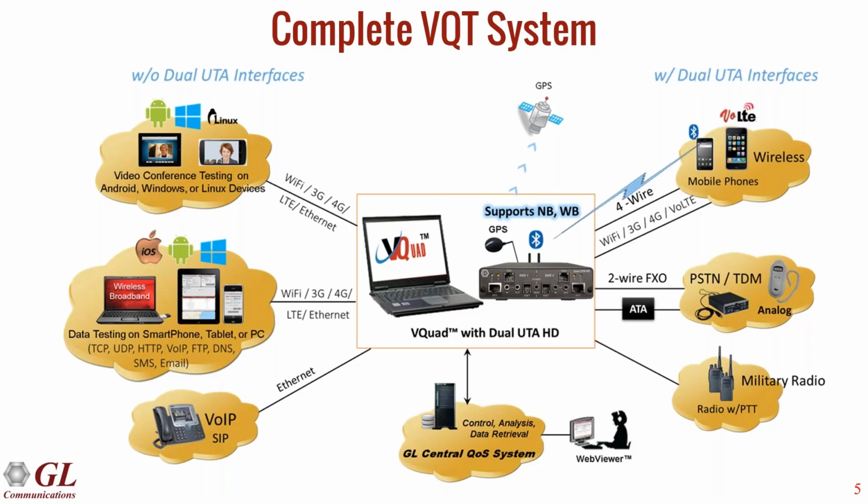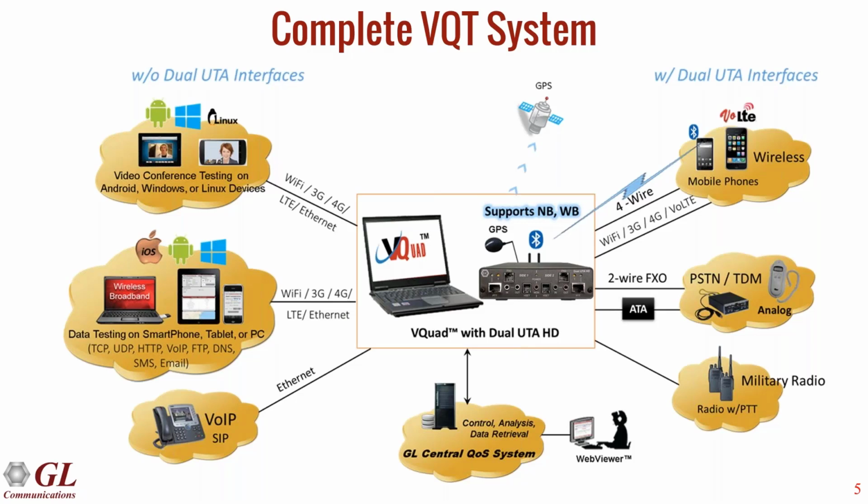Okay, so this slide is sort of similar to the previous slide that Vikram just went through, in that it's showing what we can do, how we can test the networks. Central to this is the VQuad software and the dual UTA hardware.